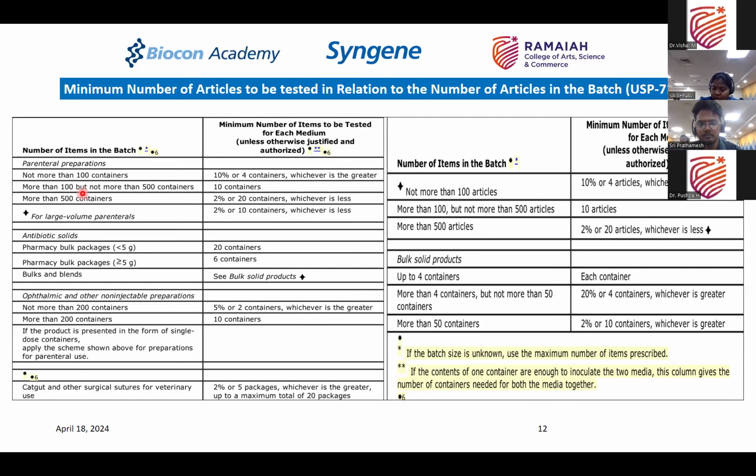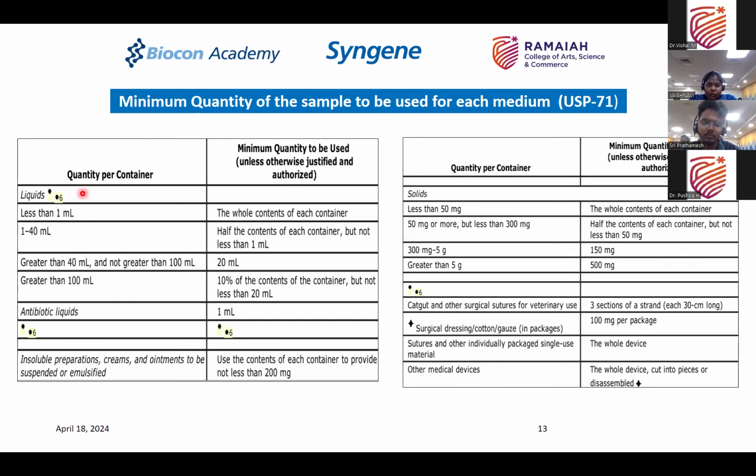So this is the table which represents that you have to remember, and during the process you can refer to it, and you have to keep always in mind this is the sampling, this is how it has to be done according to USP 71. Next, minimum quantity.